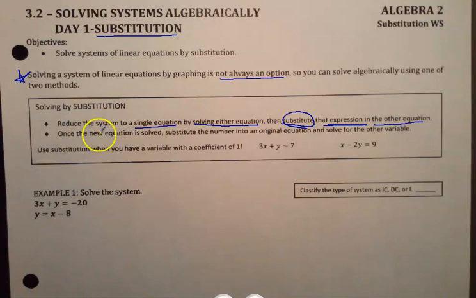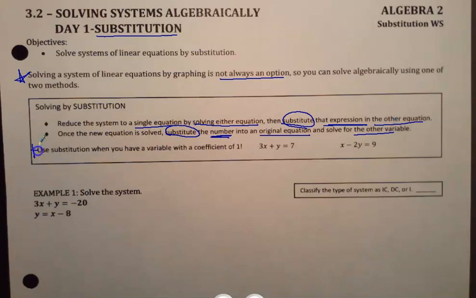Once the new equation is solved, we're going to substitute a number this time into the original equation and solve for the other variable. That probably sounds wicked crazy, but I'm going to make it make sense.